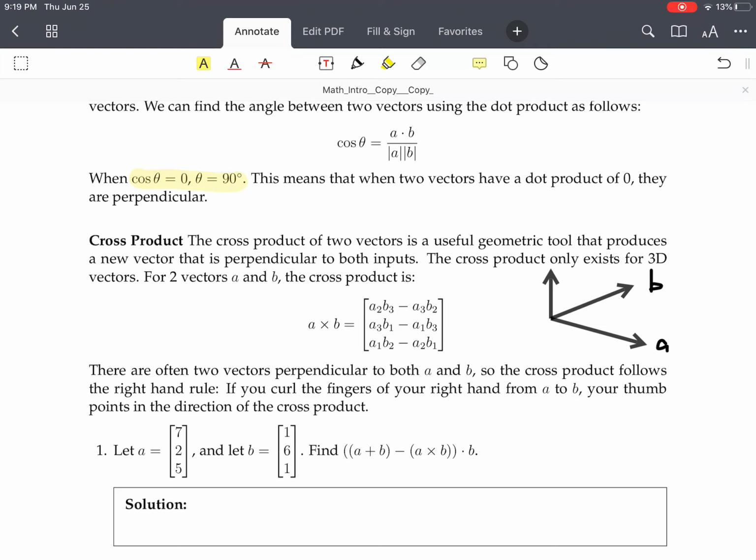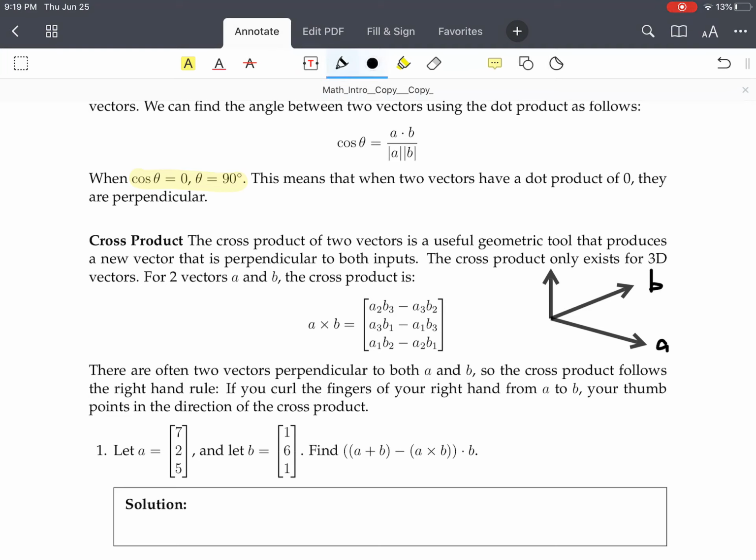So one of the issues, I guess, not really an issue, but one of the things with the cross product to keep in mind is that for any two vectors, there are typically two vectors that are perpendicular to both of them. So you have to know which one the cross product is going to give you. And so what the cross product does is it follows the right hand rule, which says that if you curl the fingers of your hand from A to B, your thumb will point in the direction of the cross product.